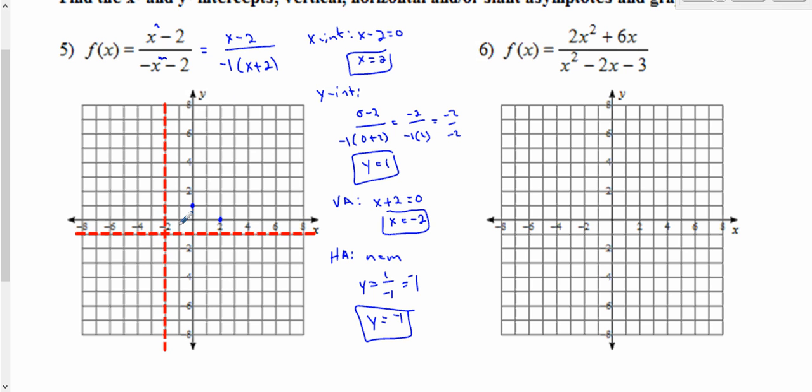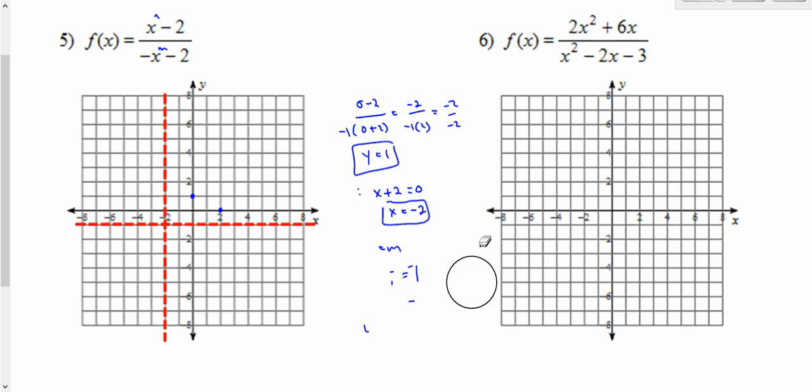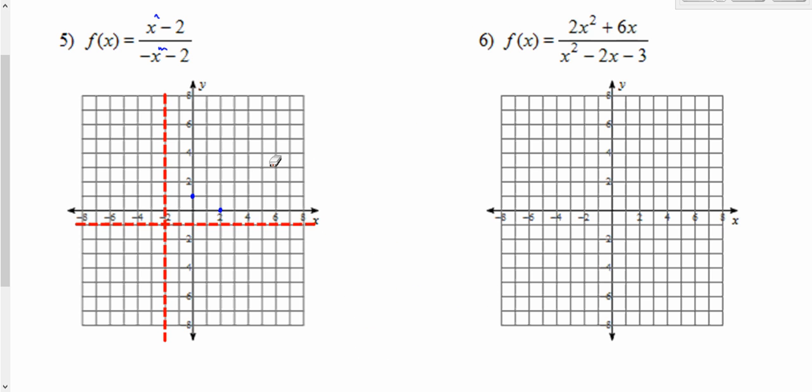So now I need to test my behavior of the graph. So I'm going to go ahead and erase all of this. And the behavior, what I need to do is test 0.1 units away from the negative 2, or away from the vertical asymptotes. I don't have to worry about horizontal asymptotes, only the vertical asymptotes.